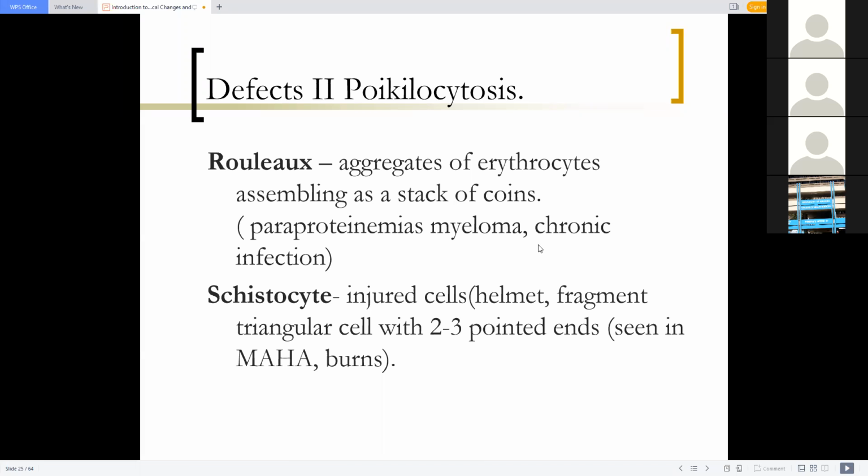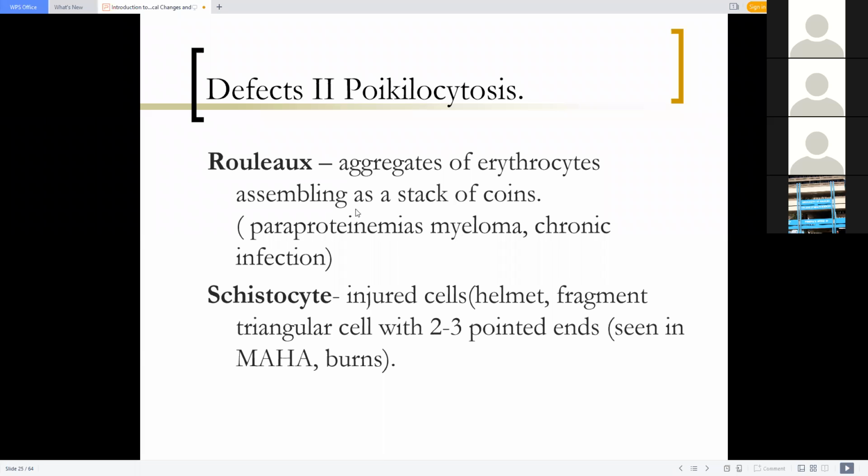Usually we see this rouleaux formation of erythrocytes. We also see them in malignancies that produce paraproteinemias. We call this multiple myeloma, and when we're doing hematological malignancies in third year and in fourth year, when you're doing cancers, you'd be introduced and told what multiple myeloma is.